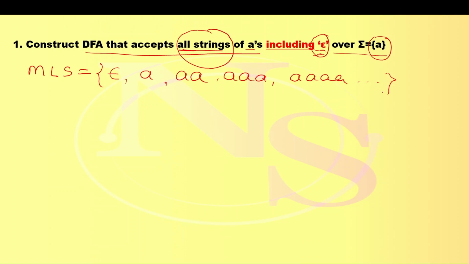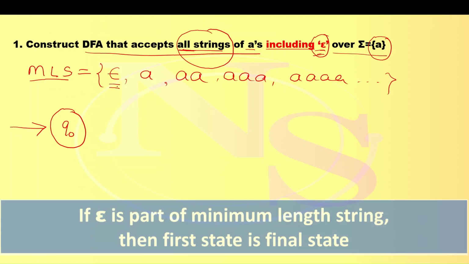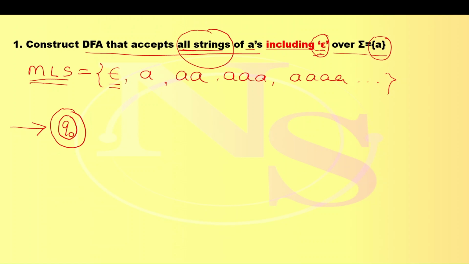Once we have written the minimum length strings, try to design the DFA. As we know, automata consist of various states and states are represented by circles. This is our starting state. Remember in TOC, whenever epsilon is a part of the minimum length strings, our starting state becomes a final state.